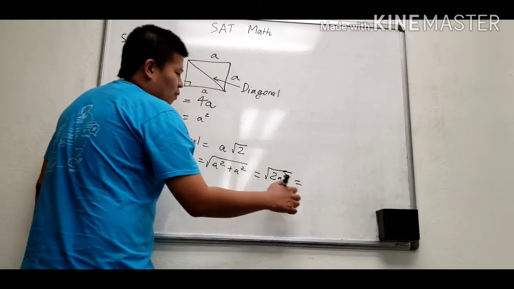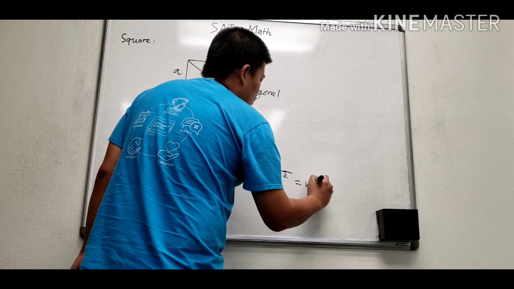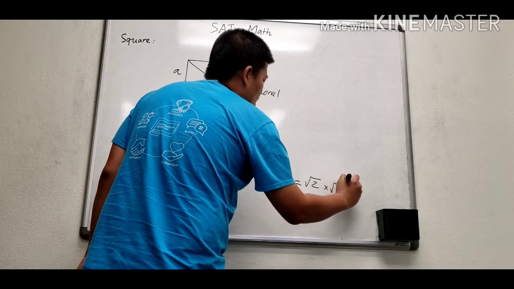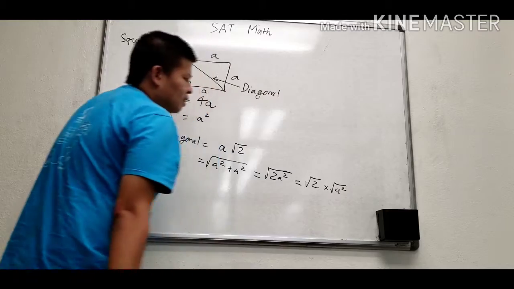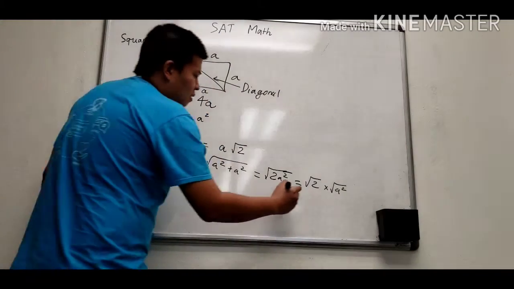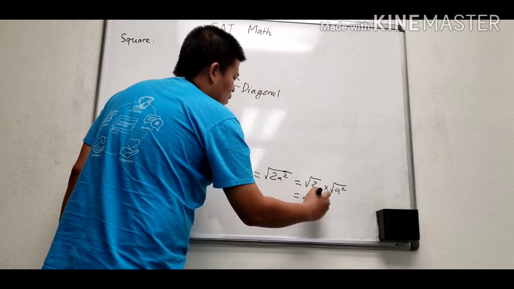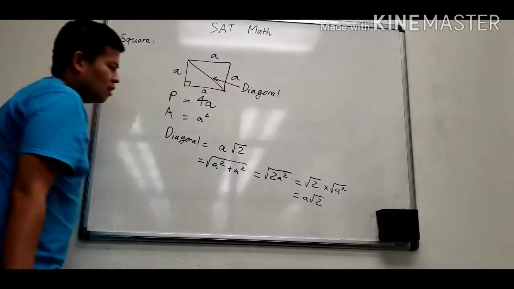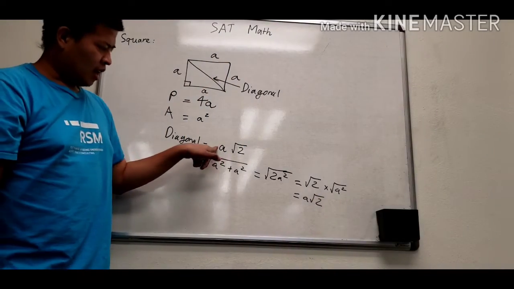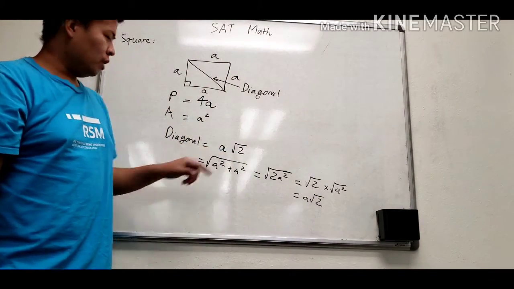Then we can separate them into the square root of 2 multiplied by the square root of a power 2, and after that you get a multiplied by the square root of 2. This is the reason why we have the square root of 2 here.